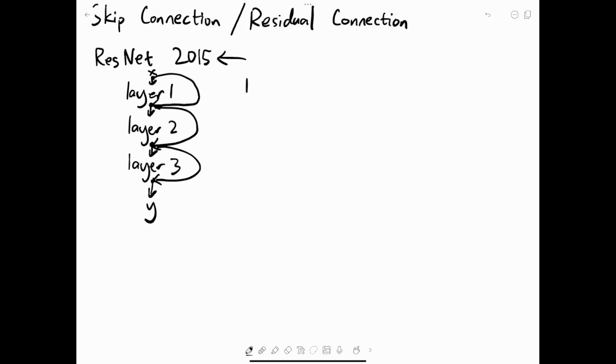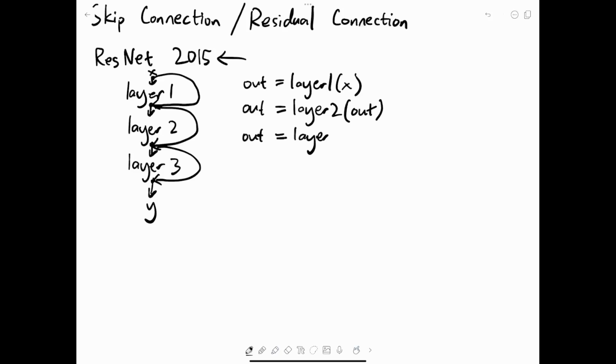We might have out equals layer 1 of X. Out equals layer 2 of out, and out equals layer 3 of out, return out.